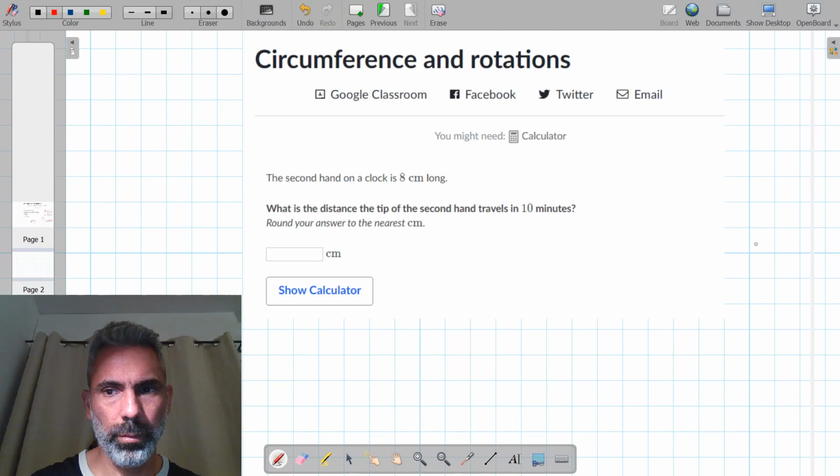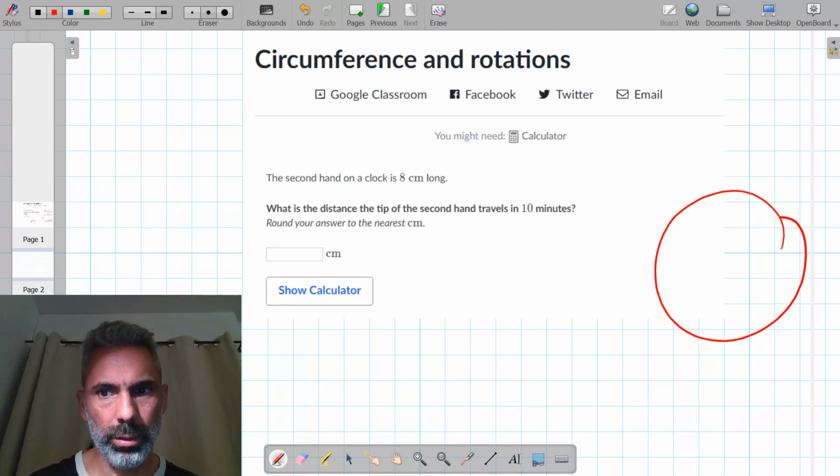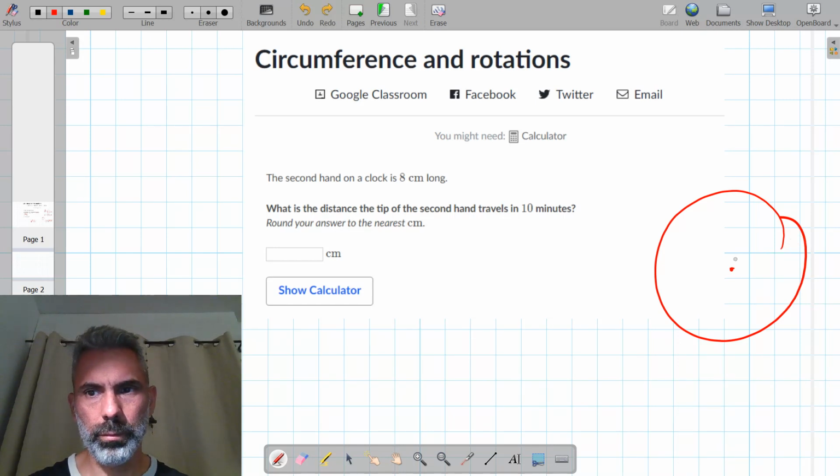Okay, so if this is the clock, let's say this is the second hand, in 1 minute, it's 8 centimeters long, so in 1 minute the distance it travels is the circumference of the circle.